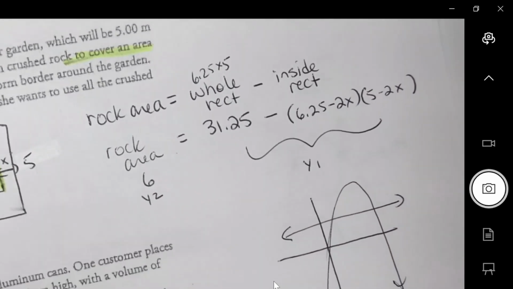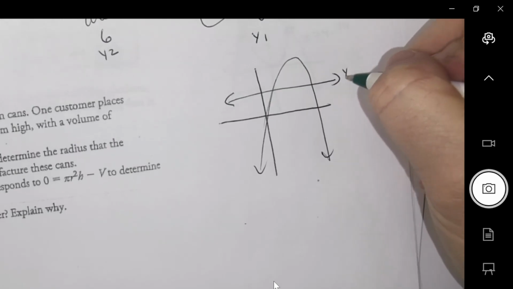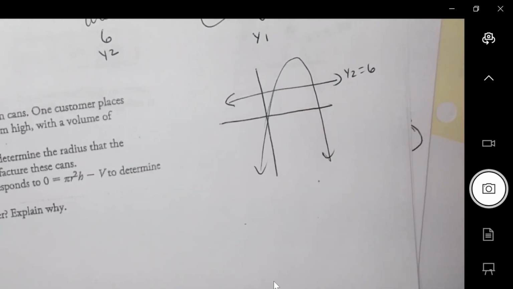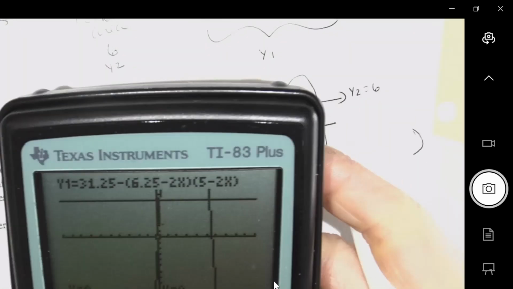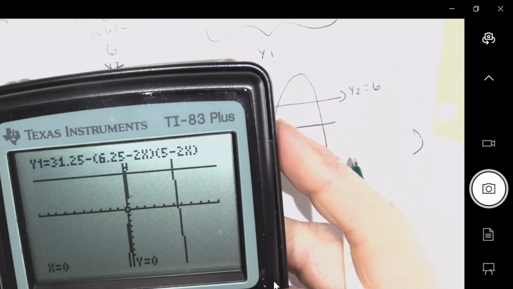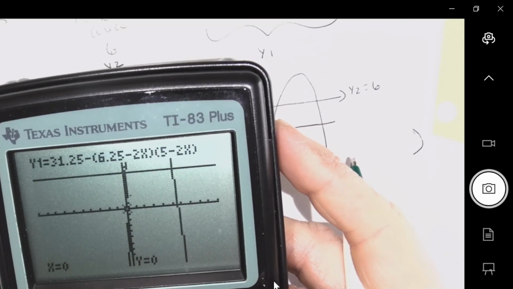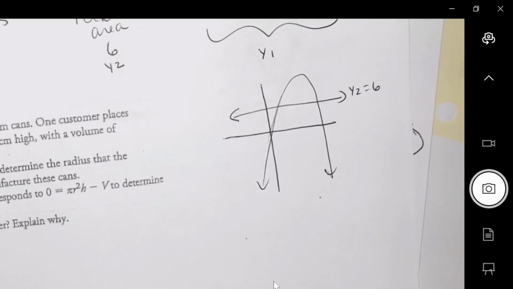Did we end up with that? Is that our visual? I mean, I did a Zoom 6 and then I could see this, but I knew what was going on. Okay.